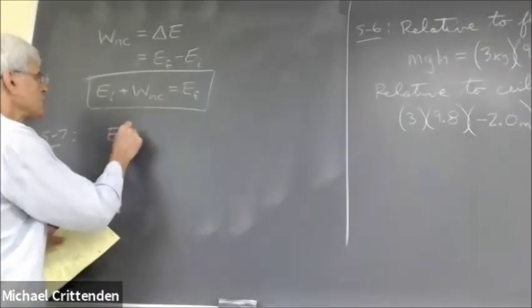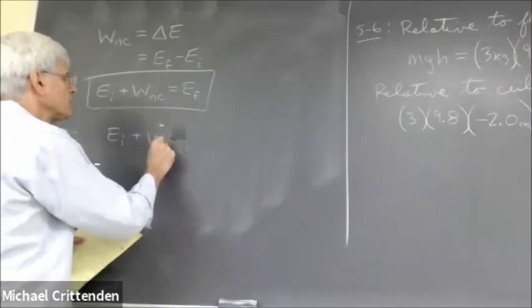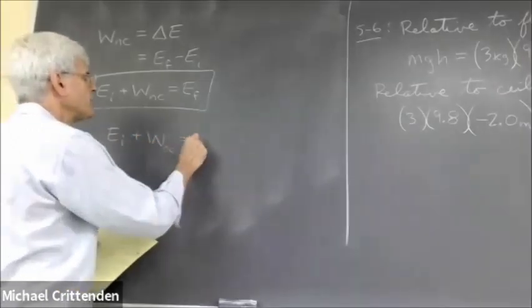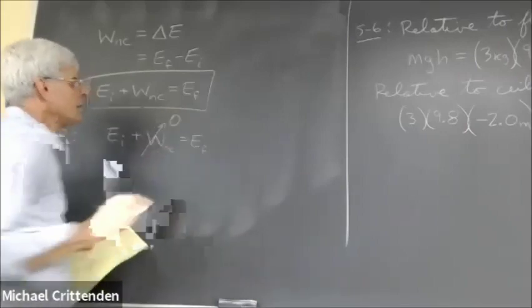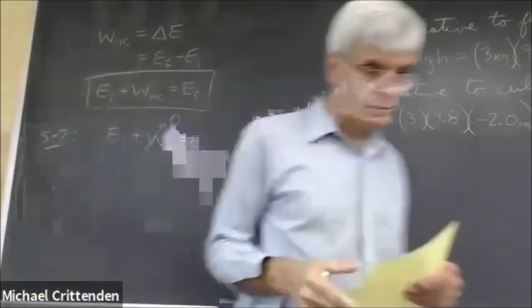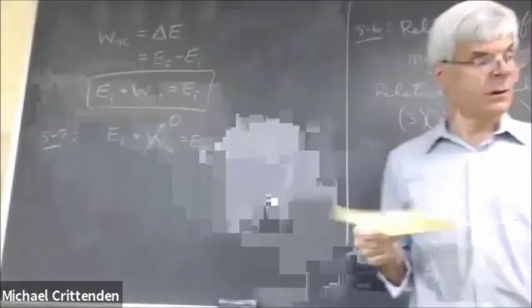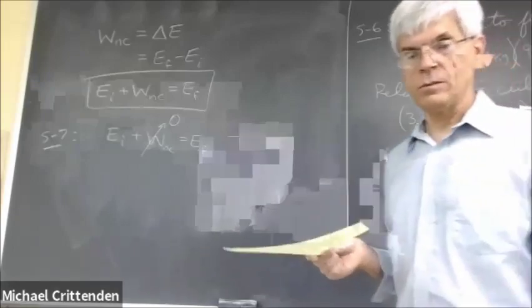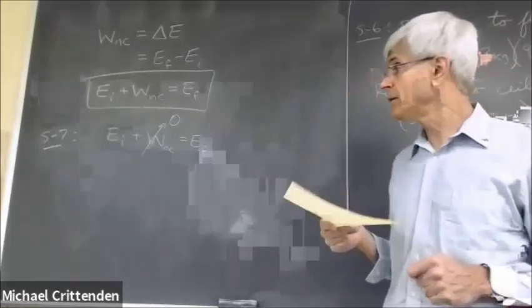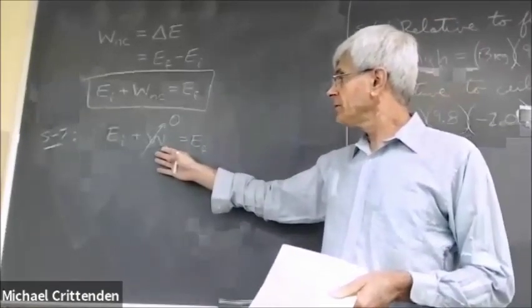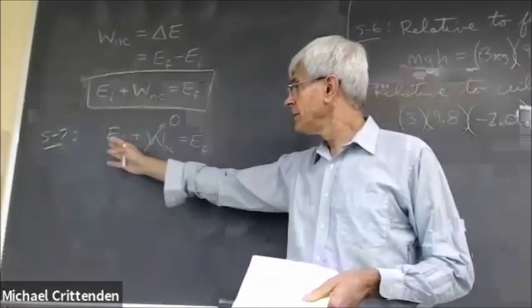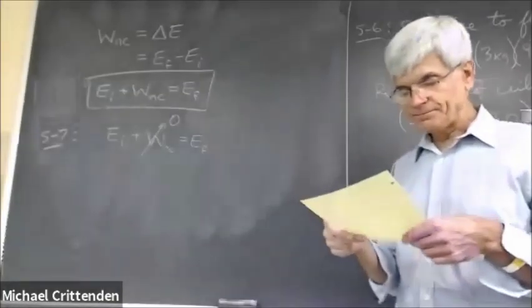So E initial plus the work done by non-conservative forces equals E final. And because there are no non-conservative forces, the question says that there is no air friction, or at least there isn't enough to be worth thinking about, that's 0. E initial will equal E final.